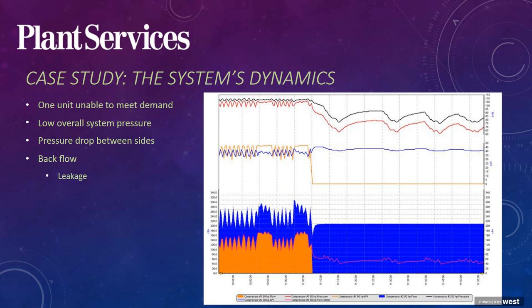Looking a bit more at some data, when compressor 1 was either manually stopped or when the unit experienced failure, pressure in the facility dropped below the minimum required level of 95 pounds. And that's what we see just with the blue line at right, with pressure tailing down below 85. During these times, the flow meter at compressor 1 put an average about 50 CFM, so we had some backflow through the flow meter.